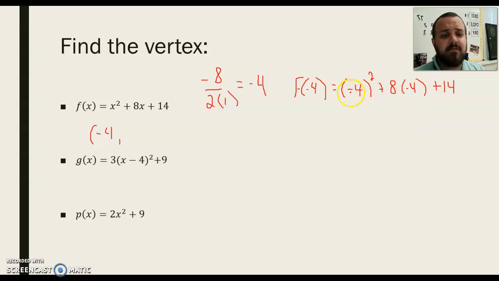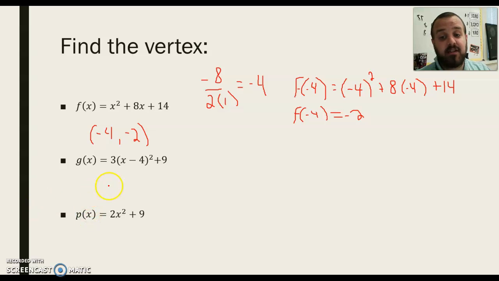And if we think about that, -4 squared is 16 plus 14 is 30. And then 8 times -4 is -32. So 30 and -32, f of -4 is going to be -2. And so my vertex is going to be -4, -2. That's going to be the point where that turning point is occurring on my graph, okay?